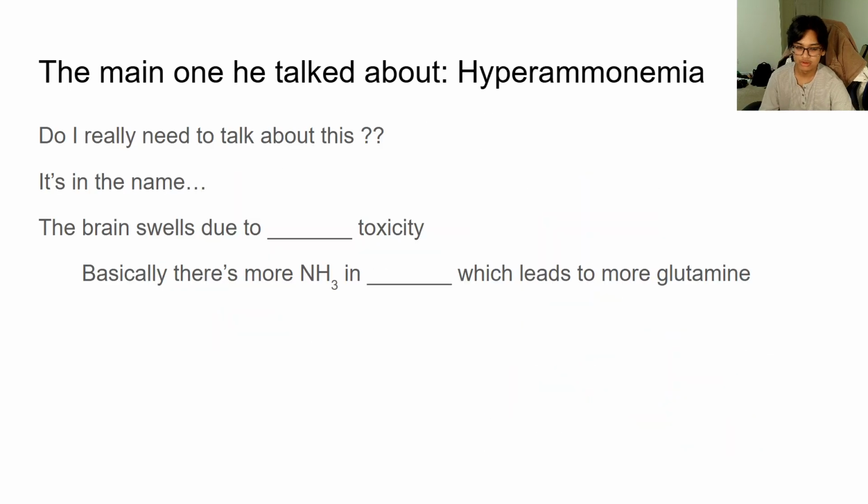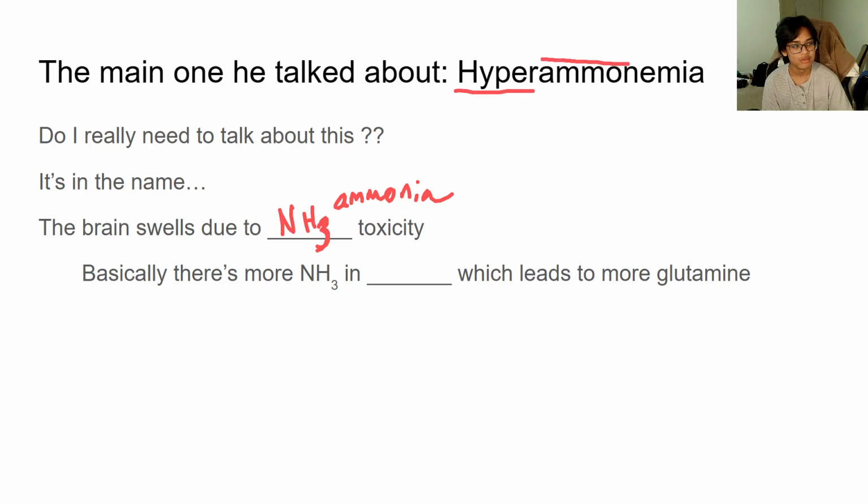So the disorders of the urea cycle. Again, do I really need to talk about this? Like he already talked about it. It's in the name. Something that I read is that the brain swells due to NH3 toxicity. I'm pretty sure that's ammonia. I mean, come on. Hyperammonemia. We all know what that means. We can all put together what that means.